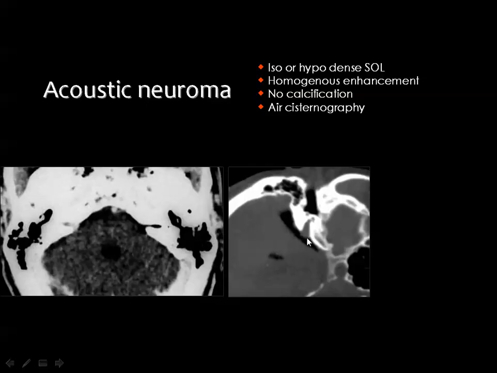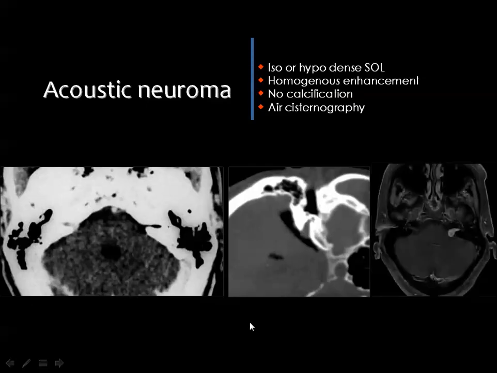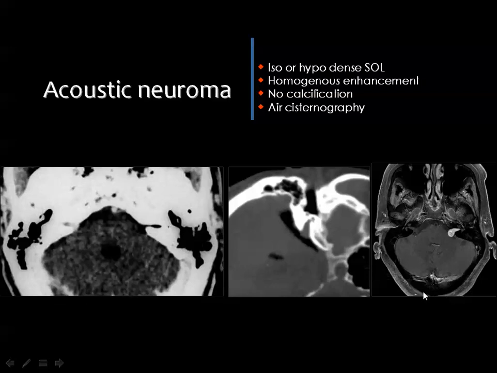If there is no tumor, air will enter with the CSF inside the internal canal. If there is a tumor, the tumor will prevent air from entering inside the internal canal. But nowadays, we only have an MRI, axial or coronal T1 post contrast.